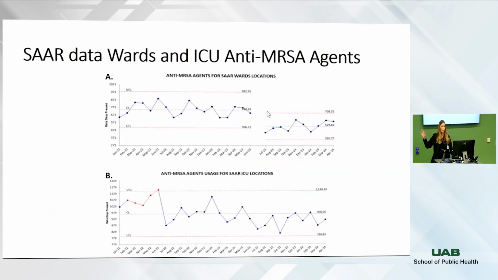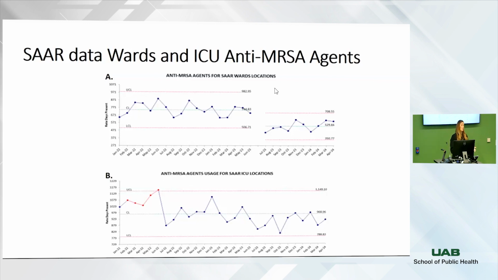So these are control charts. I'm not sure how familiar you are with those, but basically anytime there's a hard break in the chart, that means that you've started working off of a new mean. So this would be a significant reduction or a significant increase, depending on the direction, in usage of antimicrobials. In our wards, we had a significant reduction.